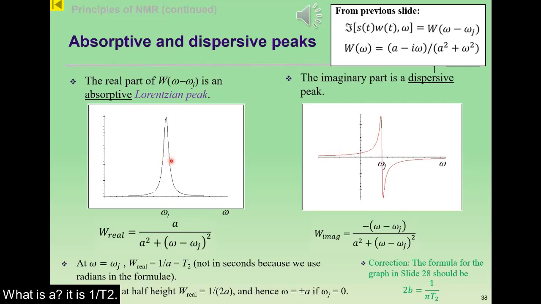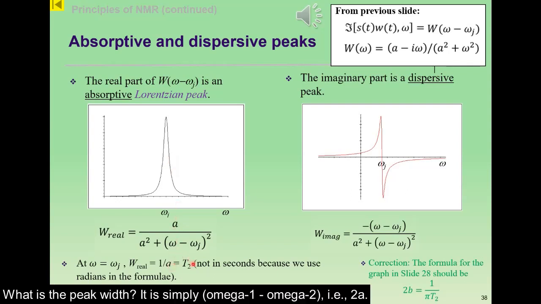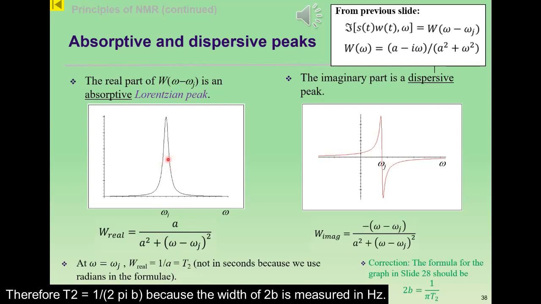It is 1 over T2. What's the peak width? It is simply omega 1 minus omega 2, i.e. 2A. Therefore, T2 equals 1 divided by (2 pi b), because the width of 2b is measured in hertz.